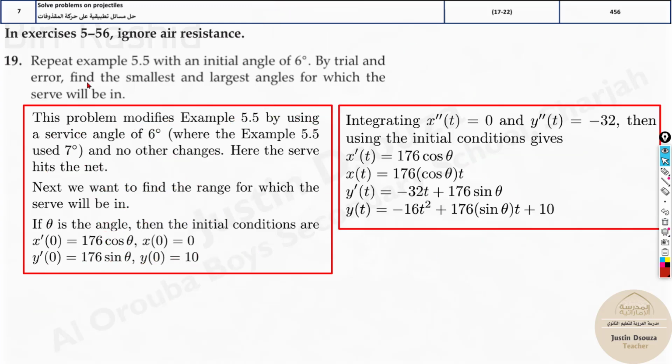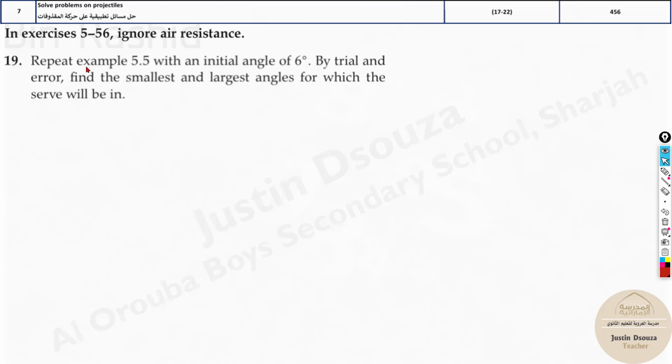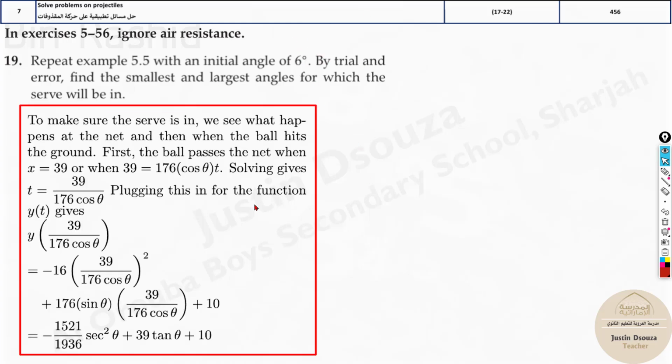Now over here in this particular problem, they have done the same thing, whatever we have done. They have not solved it, they have kept it in theta. Why? Because they are finding the smallest and largest angle where the serve will be inside. So at 6 degrees we did it right, whatever we just now did is correct. And then by trial and error, by changing the degree, you find it.